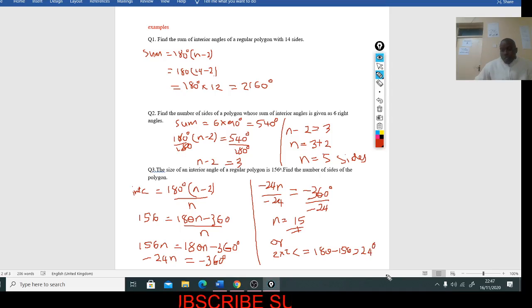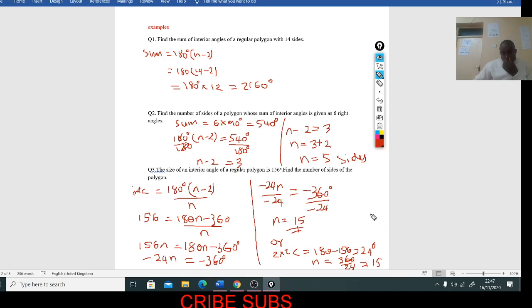degrees. This is each exterior angle, meaning that to get n, it is 360 divided by 24, because we know the sum of exterior angles adds up to 360. That is n equals 360 over 24, and that gives you 15.